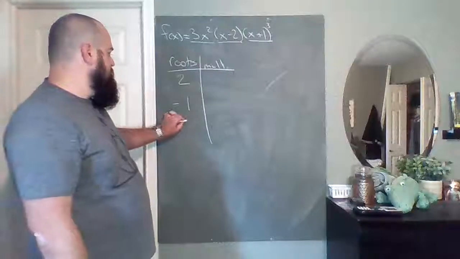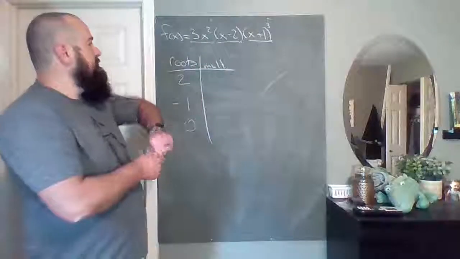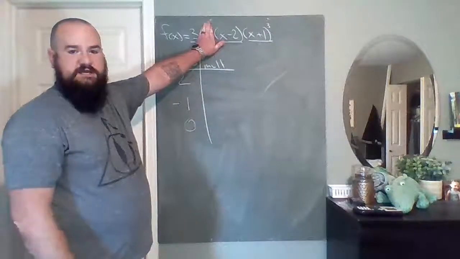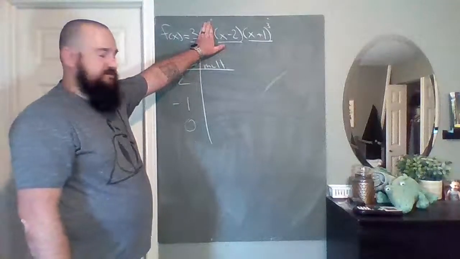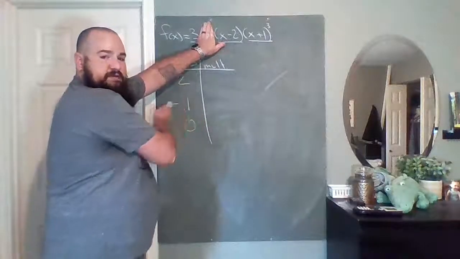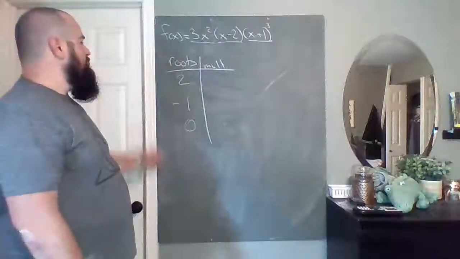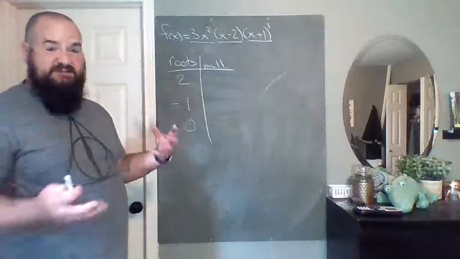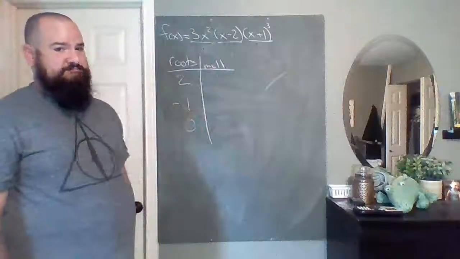If there is, we have a root at 0. If there is not, if we just have 3 times x minus 2 times x plus 1 cubed, then there is no root at 0. We would just have roots of 2 and negative 1. So make sure you're careful checking if there is an x there or not. So there's how we find our roots. It's that easy. We didn't write anything down to find those. We just looked and thought.